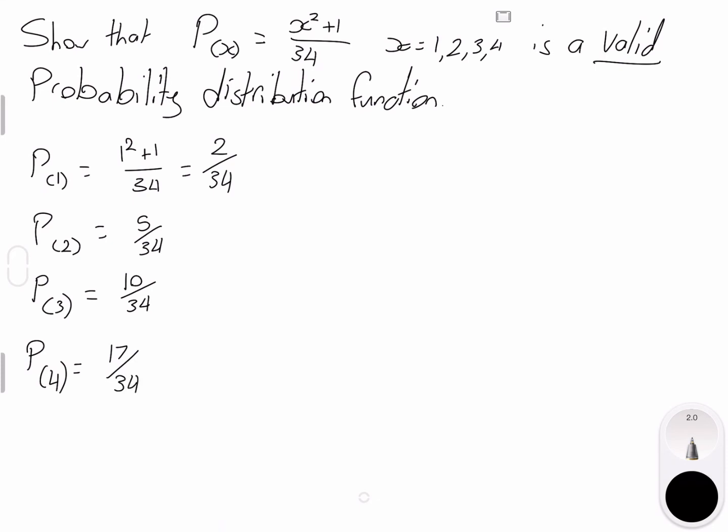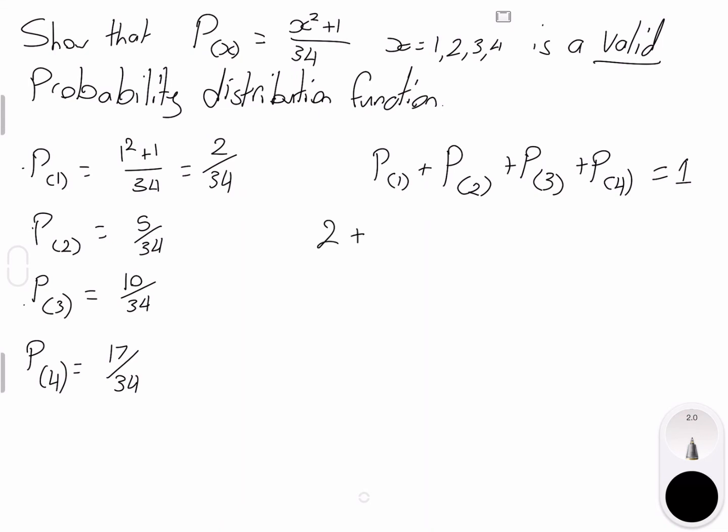Alright, so let's add up these 4. So we're going to have P of 1 plus P of 2, plus probability of 3 plus probability of 4, and hopefully that will equal 1. Let's see what happens. So we've got 2 over 34.